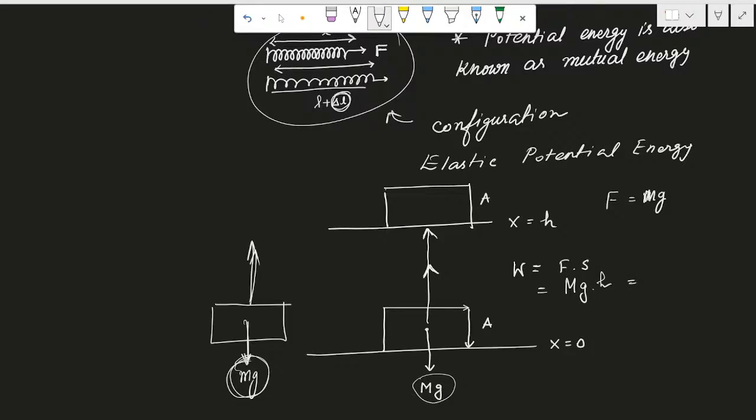Potential energy you can write as PE, or you can write U also. Okay, now here comes another question. What will be the gravitational potential energy on the surface of the earth?